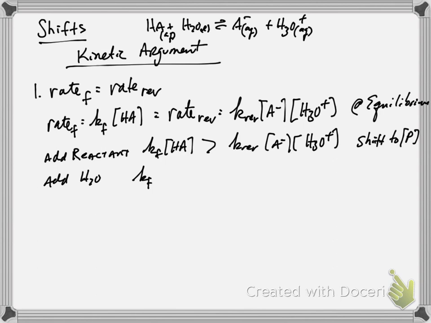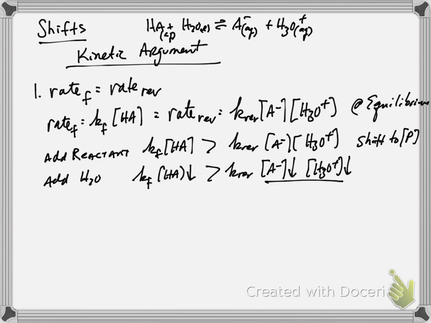If you add water, all concentrations go down, but the reverse reaction is always much more affected by water than the forward because there are two concentrations present. Since the reverse rate is moving slower, we are also going to shift to products, even though all concentrations go down.